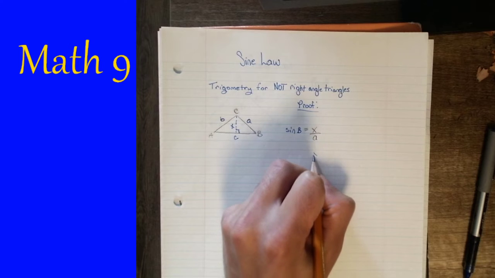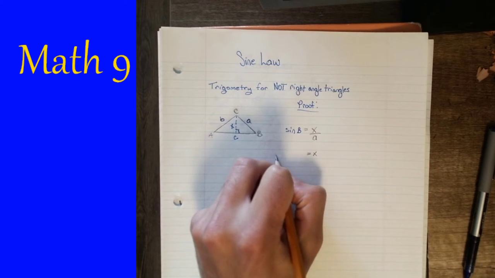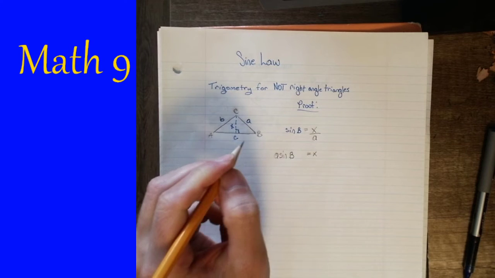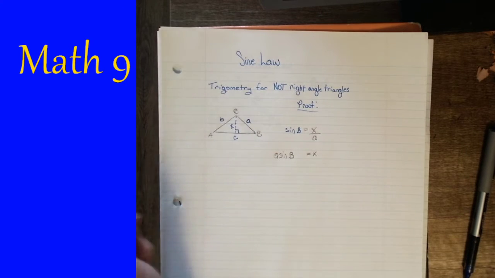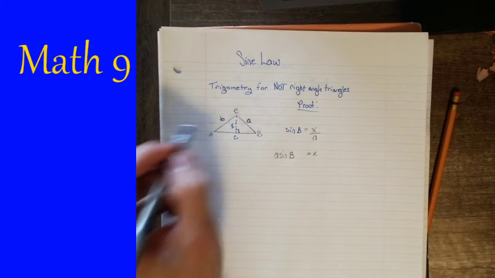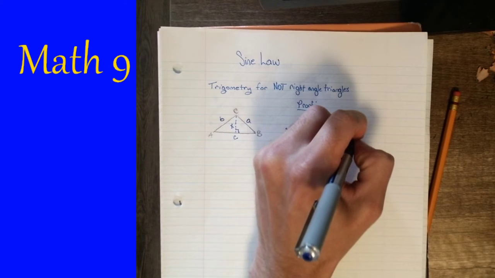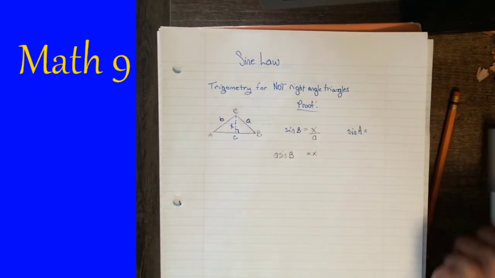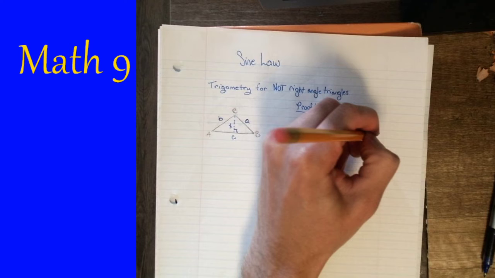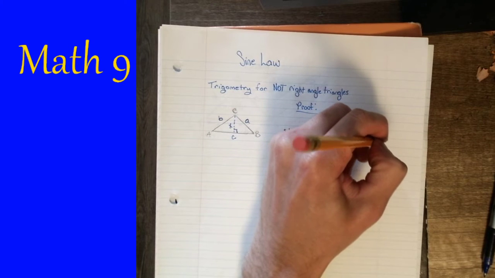Let's rearrange in terms of x. A sine b is equal to x. And then we're going to do the same thing for a different angle. We're going to do sine of a. And the sine of a is going to be equal to x over b.